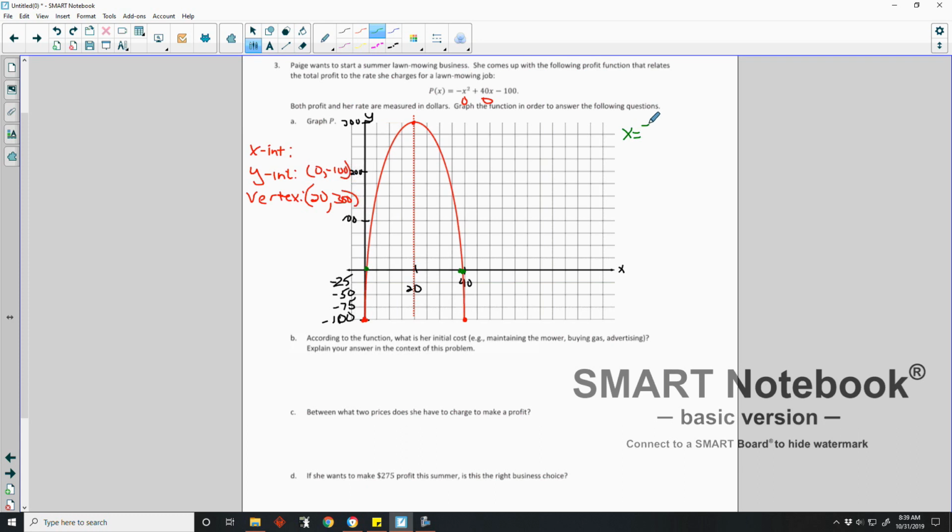So it's going to be x equals negative b plus or minus the square root of b squared minus 4ac, all over 2a. x equals negative b. b is 40, plus or minus the square root of b squared, 40 squared, 1,600, minus 4 times a, which is negative 1, times c, which is negative 100.